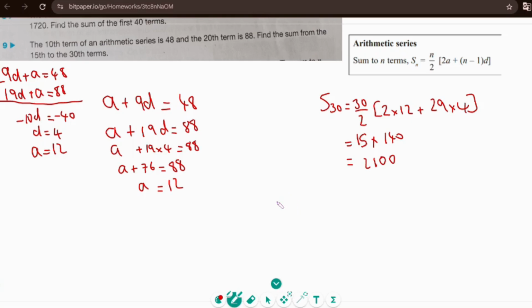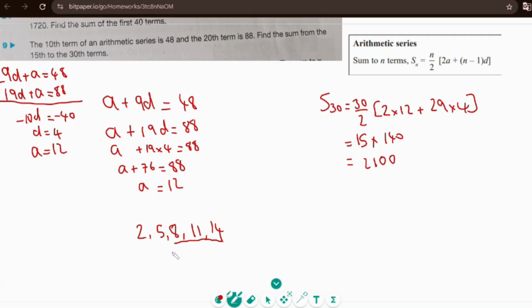Let me try and explain why. If I've got a sequence, let's just look at a different sequence. Let's say if I was finding the sum from the 3rd to the 5th term.